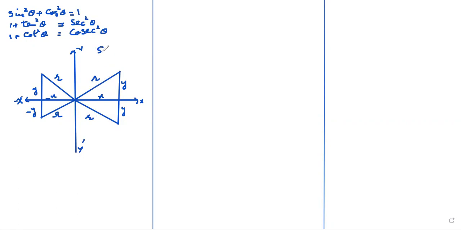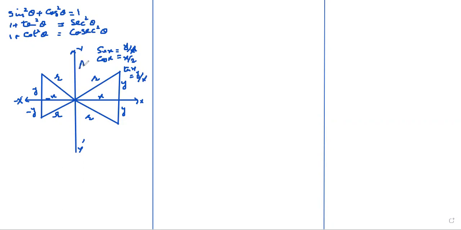So sine is y over r, positive. Cosine is x over r, positive, and tangent is y over x, also positive.